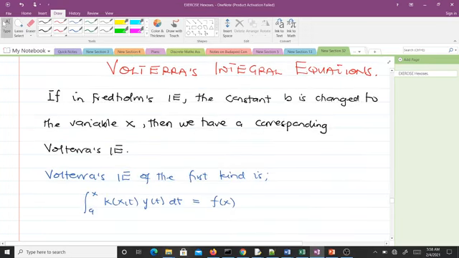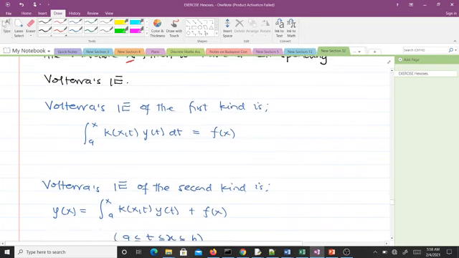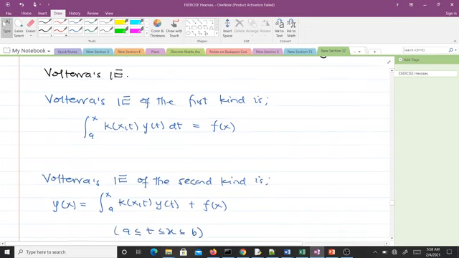So the Volterra's integral equation. If in the Fredholm's integral equation, the constant b is changed to a variable x, then we have the corresponding Volterra's integral equation. You could see that this is the same as the first kind Fredholm's integral equation, except that we replace the b with what?